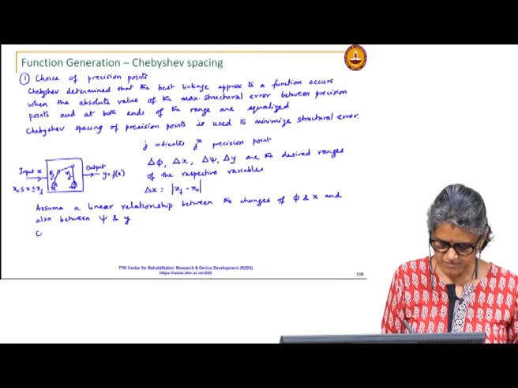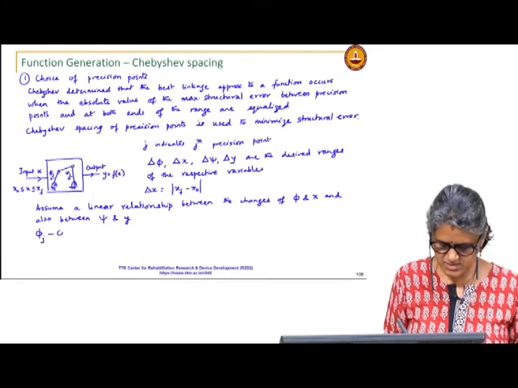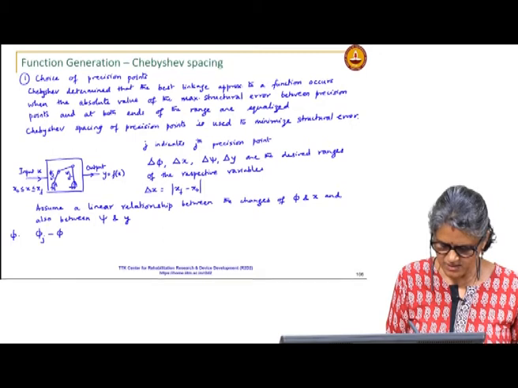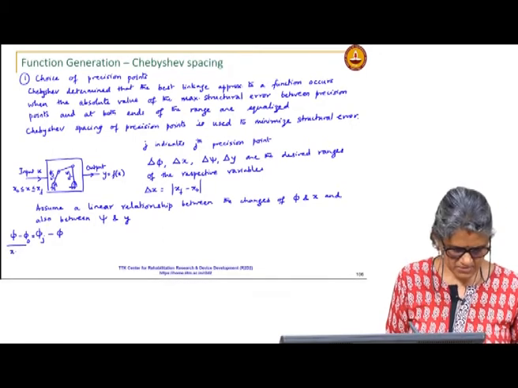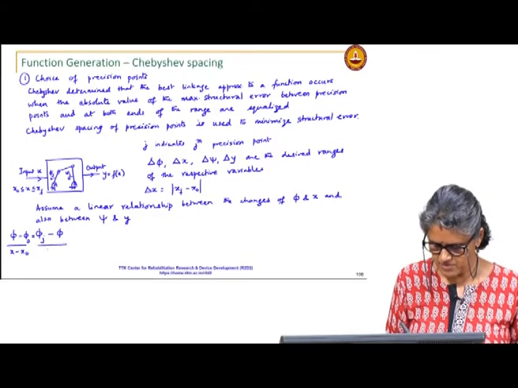So, you have psi j minus psi naught for any phi in the range, equal to a multiple of x minus x naught.